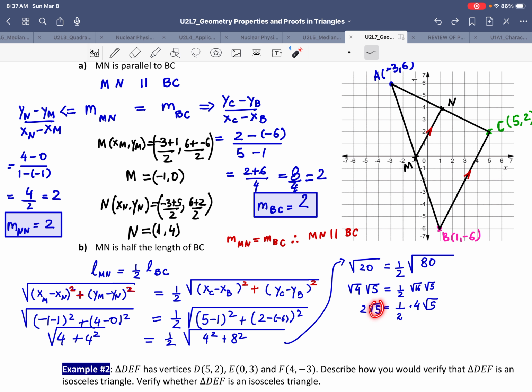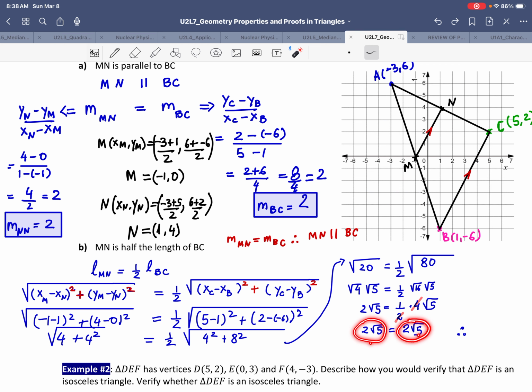Very optimistic to see root 5 appear on both sides now. Simplify the right side a little bit more. So 2 root 5 is equal to, you can simplify 4 and 2, and then we get 2 root of 5. And therefore, we're going to say that the two sides are equal to each other.